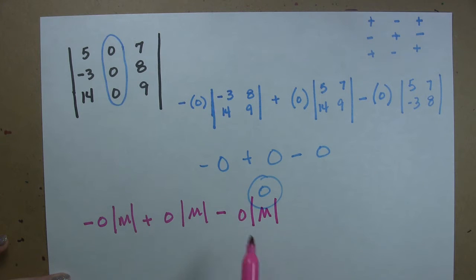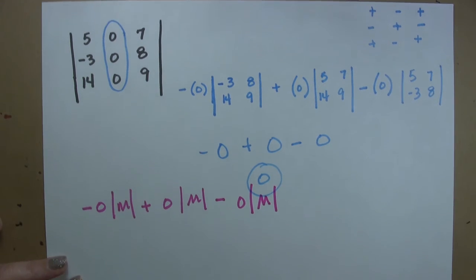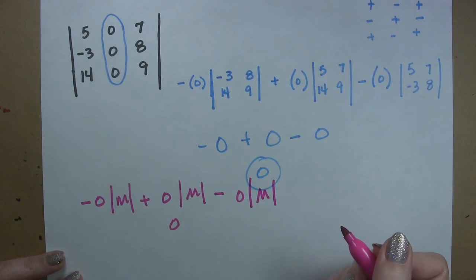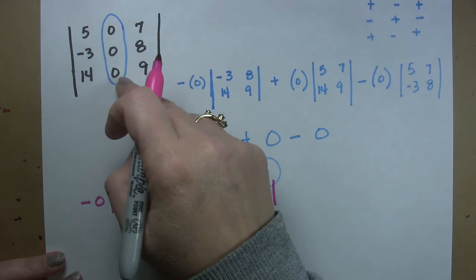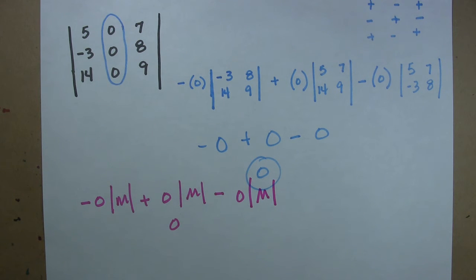And again, we don't even care. Look, I'm not even writing down the numbers. I'm such a rebel. I know that the answer is 0. So when possible, pick the column that has the most zeros in it, because that will shorten your work significantly.